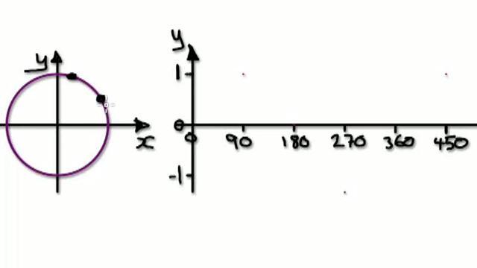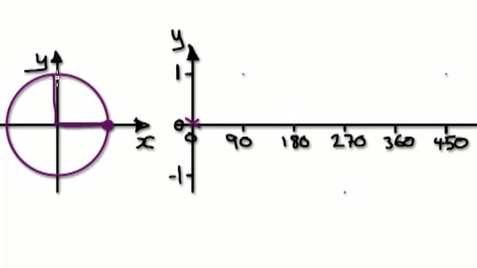So the height at this point is here, the height at this point is here, and from this we manage to jump to a graph. When the point is here, the angle is 0 and the height is 0.